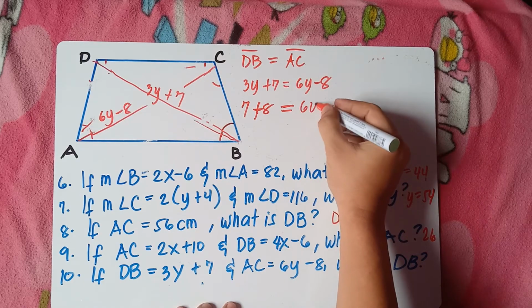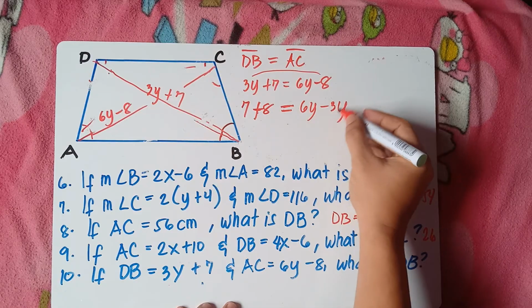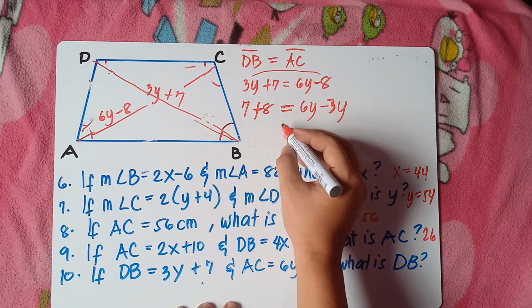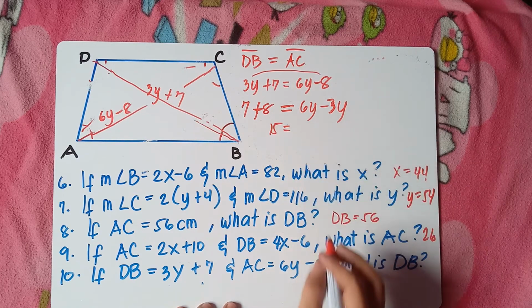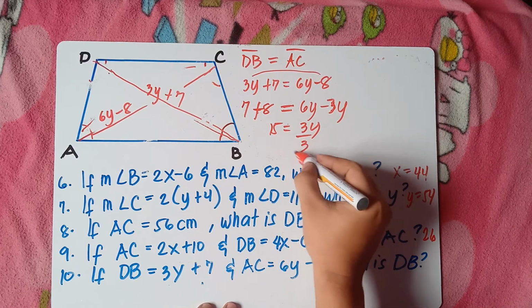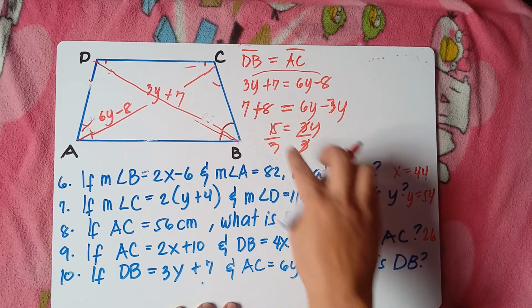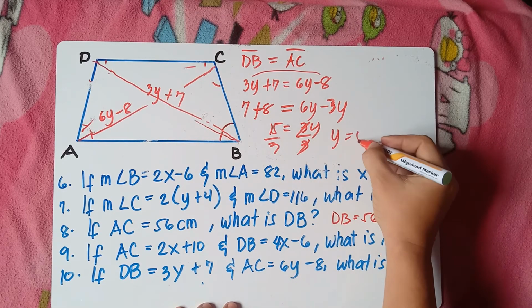Then copy 6y, then transpose 3y from left to right, minus 3y. So 7 plus 8, that's 15, equals 6y minus 3y, that's 3y. Divide it by 3 to get the value of y. So 15 divided by 3, y is equal to 5.